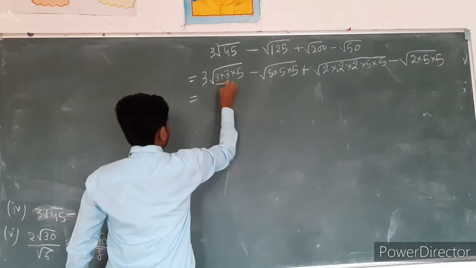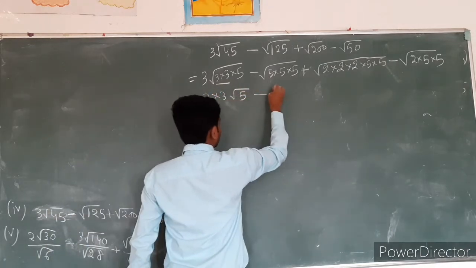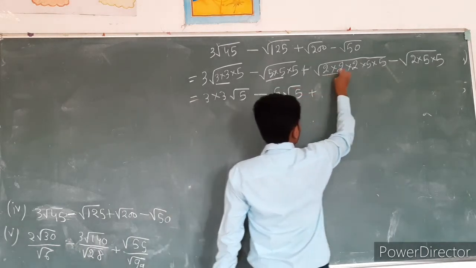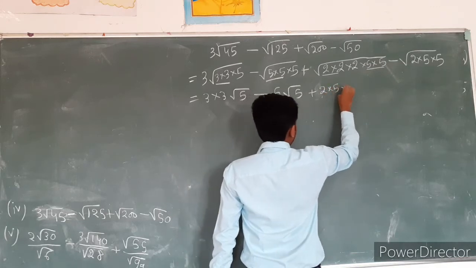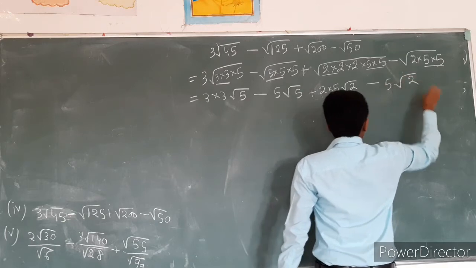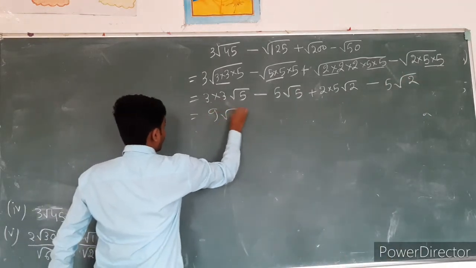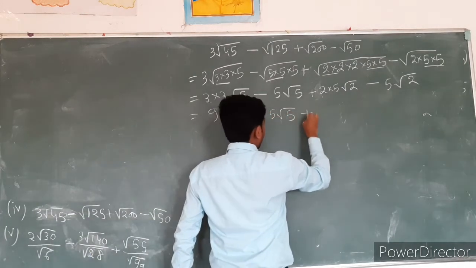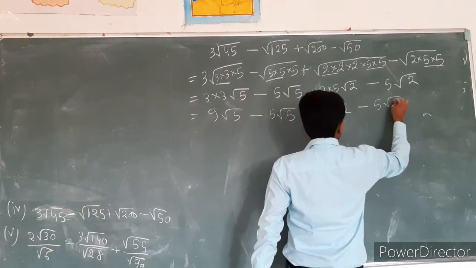So 3 into 3 under root 5 minus 5 under root 5 plus 2 into 5 under root 2 minus, 9 root 5 minus 5 root 5 plus 10 root 2 minus 5 root 2.